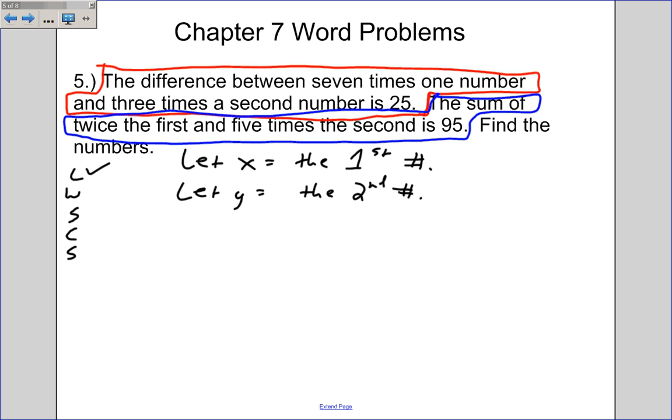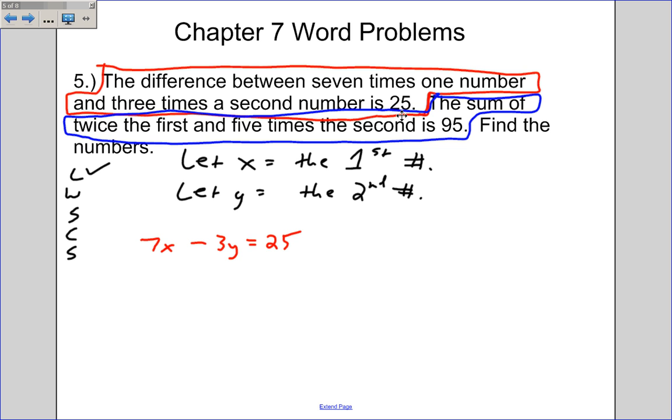In this case, the difference between, so difference, that's a subtraction word, so the difference between 7 times one number, so let's say x, and 3 times a second number equals 25. So the difference between, you're subtracting things, 7 times one number and 3 times the second number is 25.